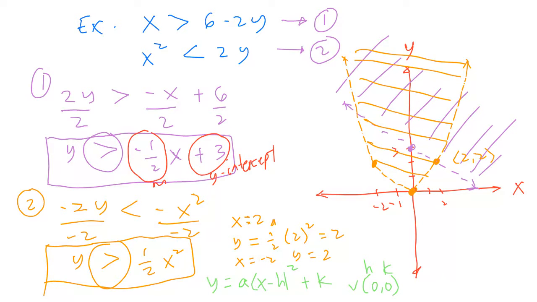And then the intersection or the overlapping of the two shaded regions, the purple and the orange region, that would be our final answer. And that would be this part.